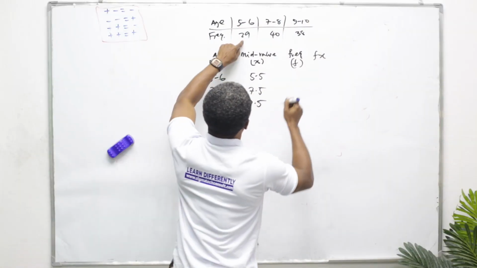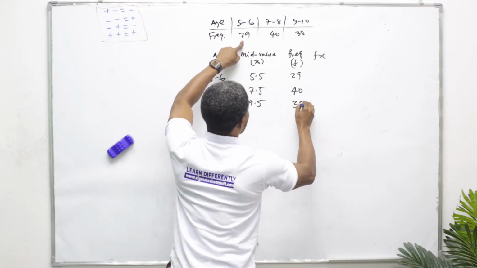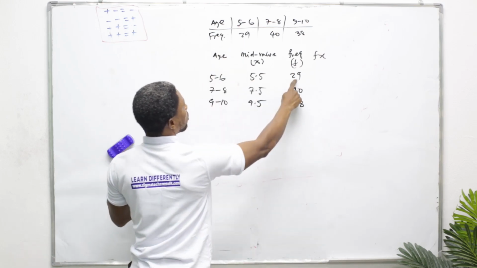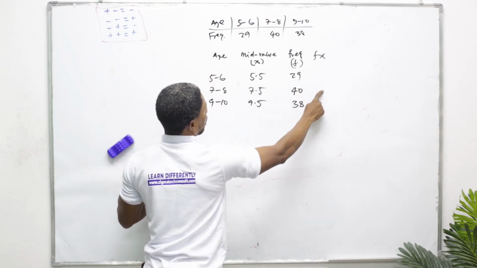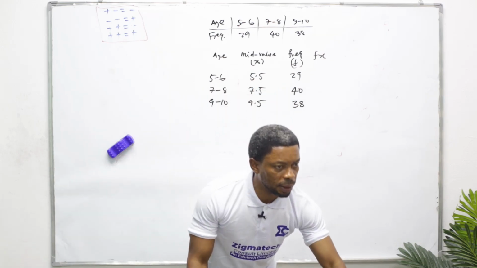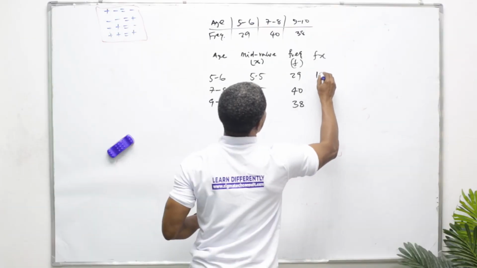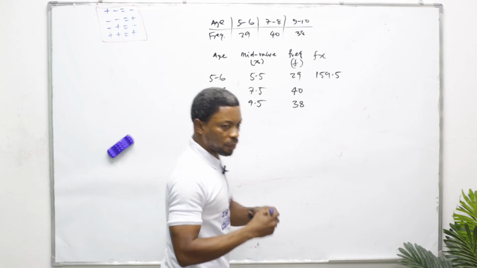Now for the frequency, here is 29, here is 40, here is 38. We need to multiply this times this, this times this, this times this. So now 5.5 multiplied by 29, we're going to have 159.5.